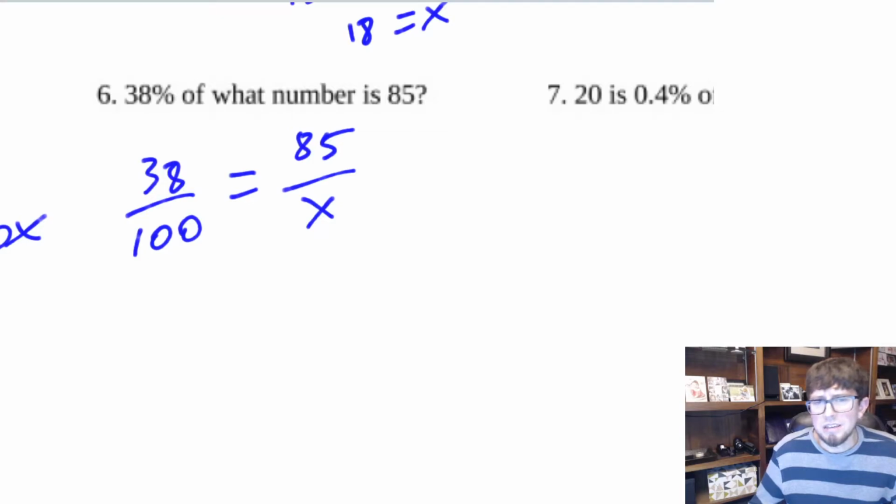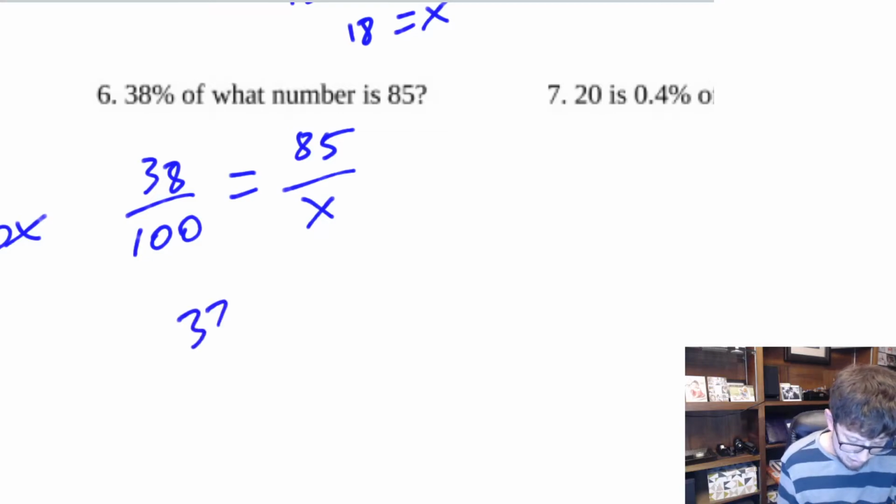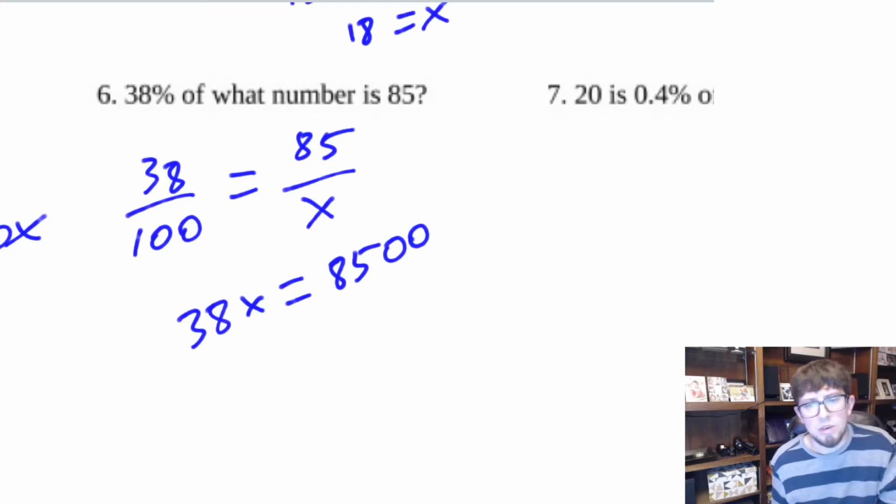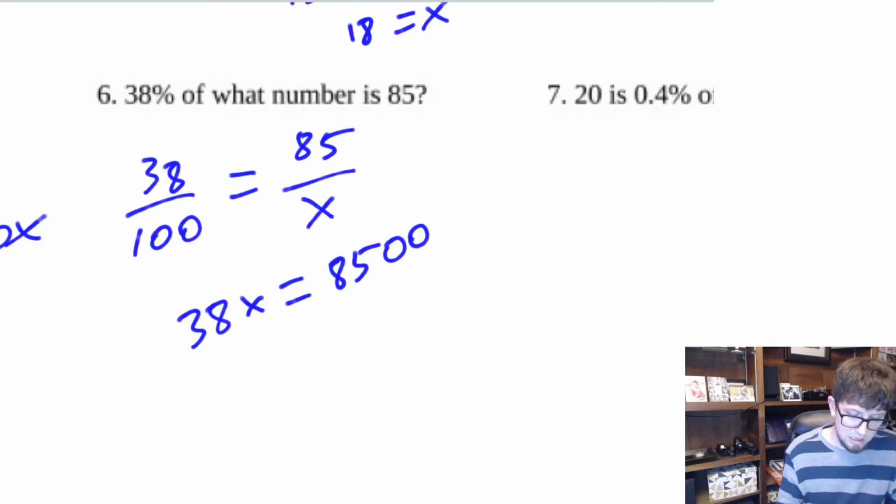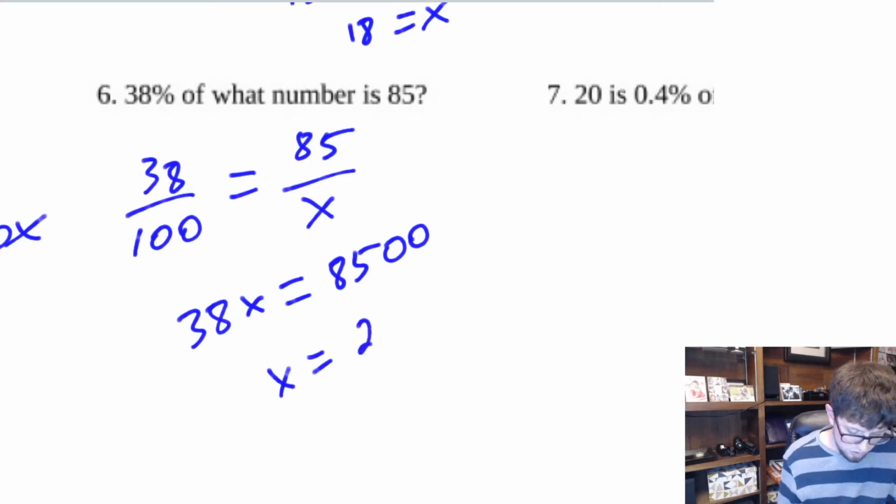So that's why sometimes setting it up as proportions can help us avoid some easy mistakes. If we cross multiply, we get 38x is equal to 8,500. And we can take 8,500 and divide by 38. And we get that x is equal to 223.68. I'm rounding, but there we go.